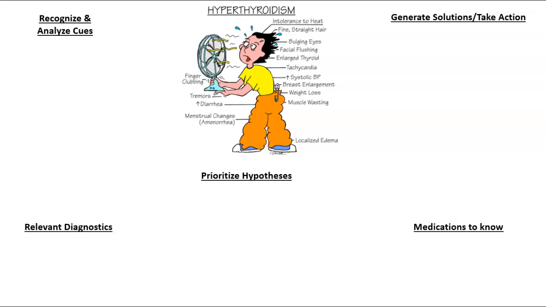Something I'd like to mention here is, in the case of somebody who has hyperthyroidism, under prioritizing hypotheses, one of the biggest risks they could have would be a thyroid storm. A thyroid storm is a life-threatening complication of hyperthyroidism.